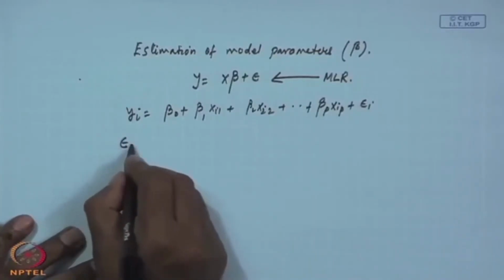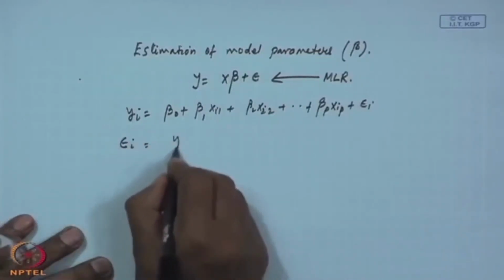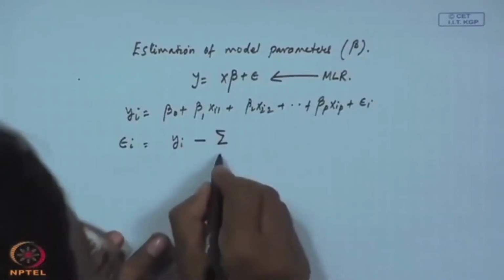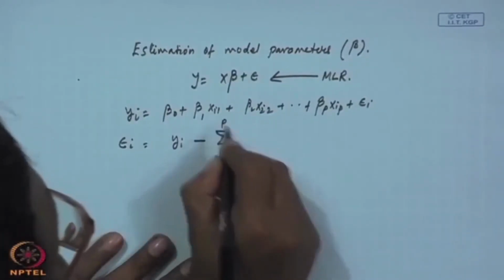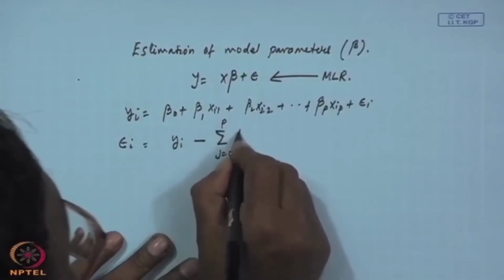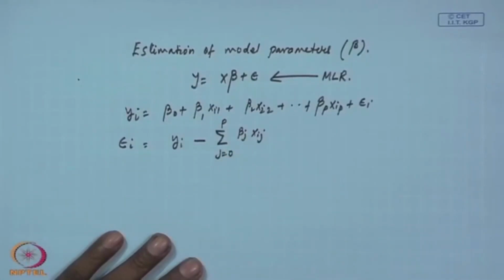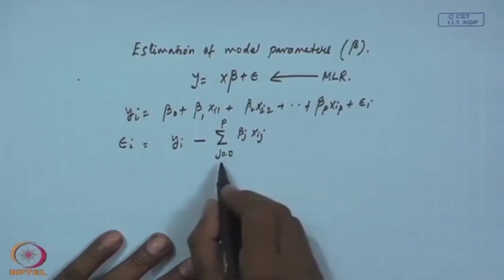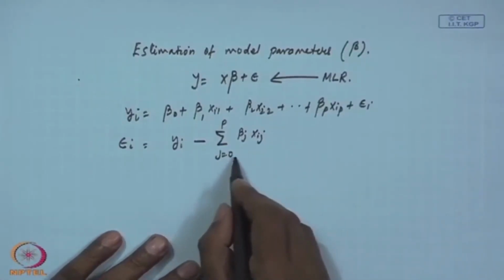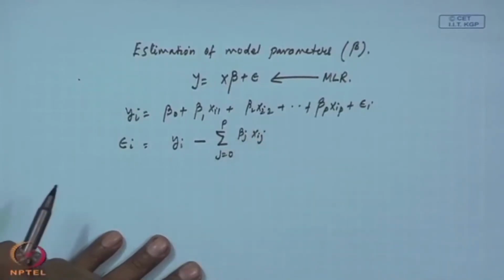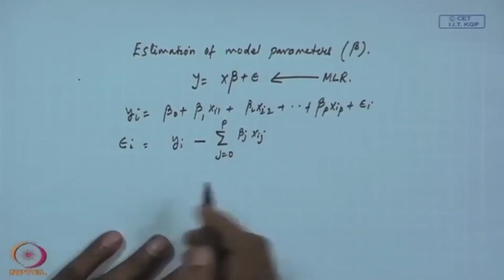With a little modification, the error is y i minus the sum over j equal to 0 to p of beta j x ij, where for j equal to 0, x ij takes the value 1.